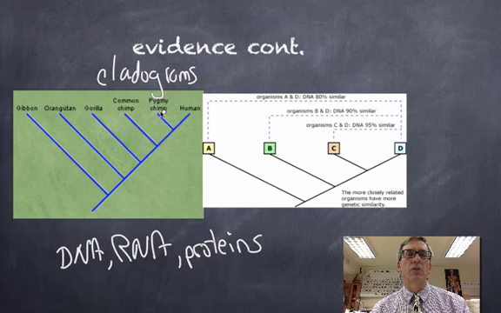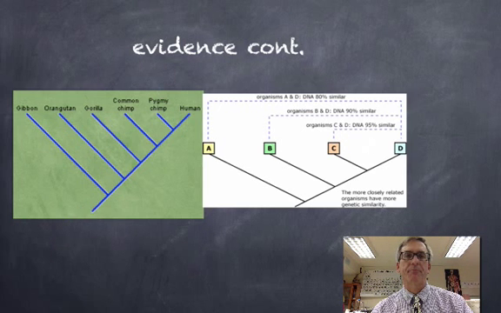But the more closely you are to another line on here, the more closely related you are. And there's a common ancestor to all of them at the base, if you want to think of this as a family tree. Similar information over here, we're comparing with DNA, and we can see how similar organisms are based on how close they are on the cladogram.